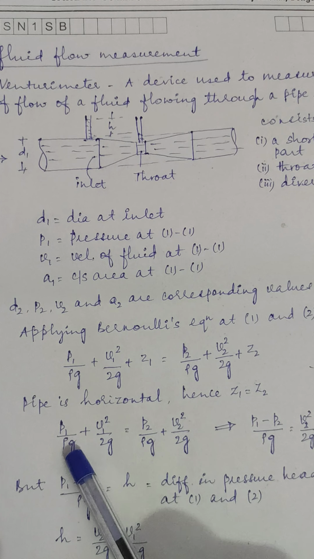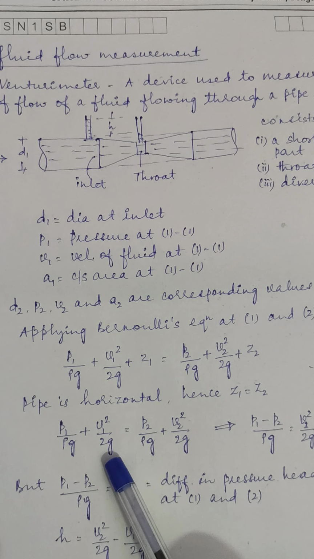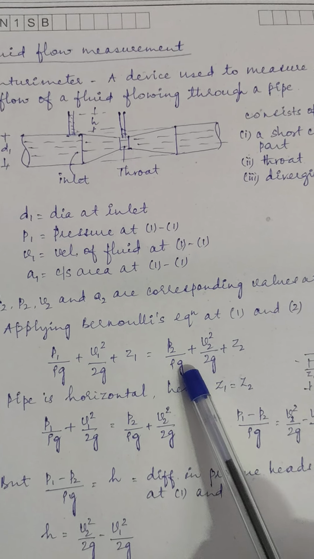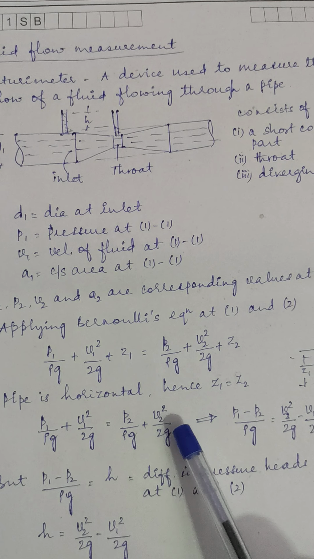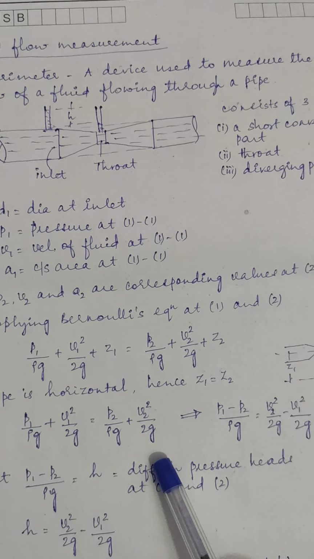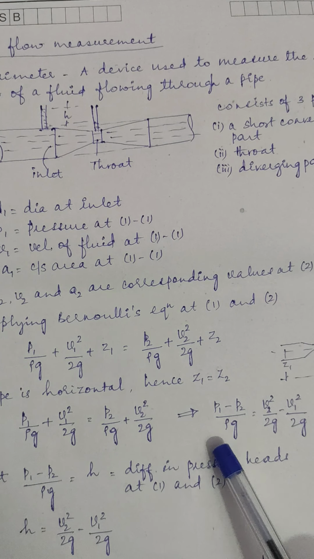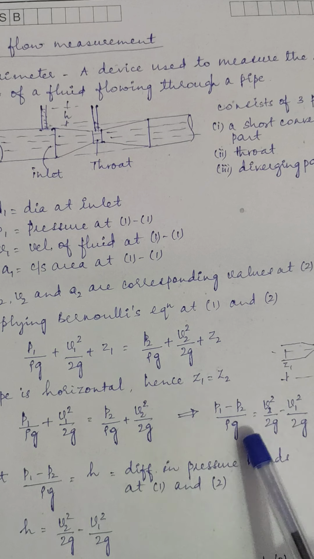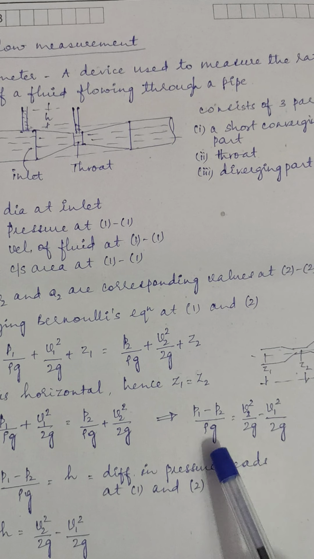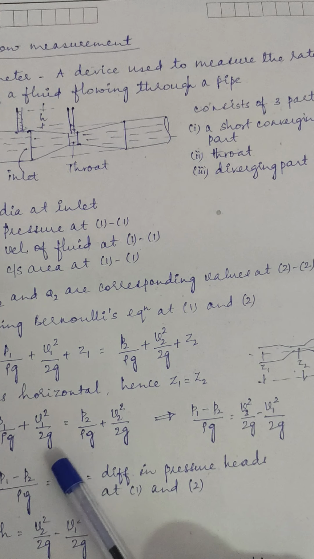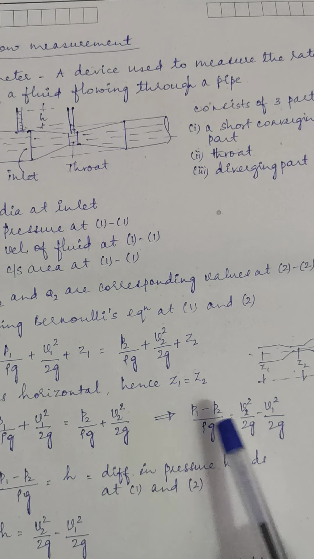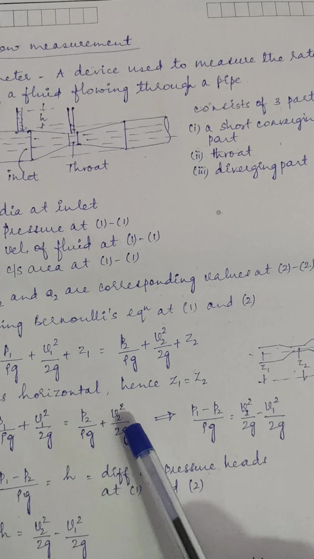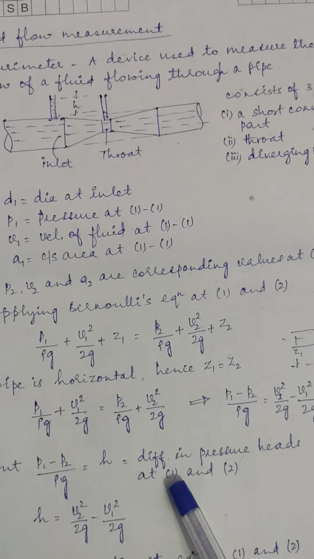So we have P1 by rho G plus V1 square by 2G is equal to P2 by rho G plus V2 square by 2G. Taking rho G common for P1 and P2, we have P1 minus P2 by rho G is equal to, taking 2G common for V2 and V1, V2 square minus V1 square by 2G.